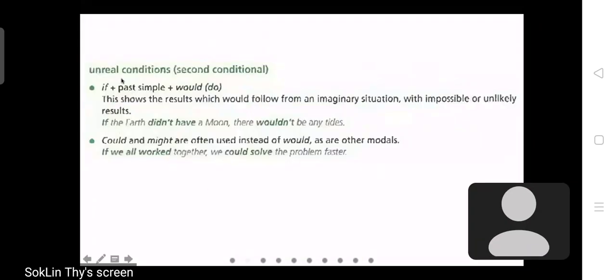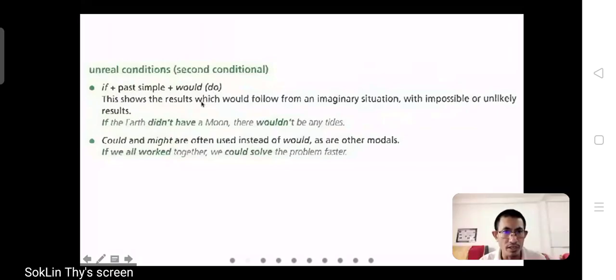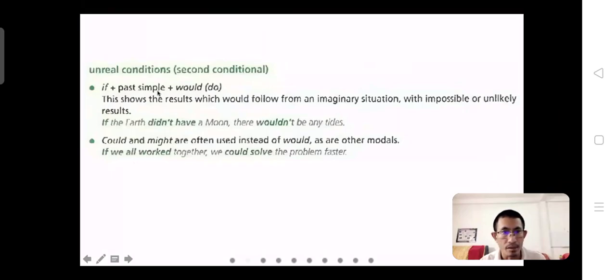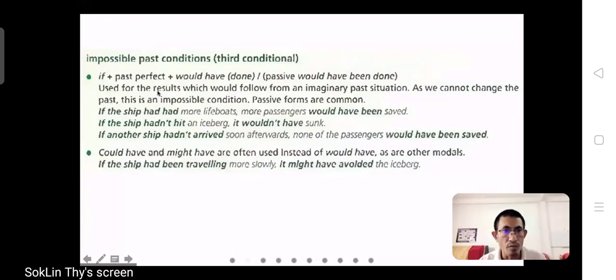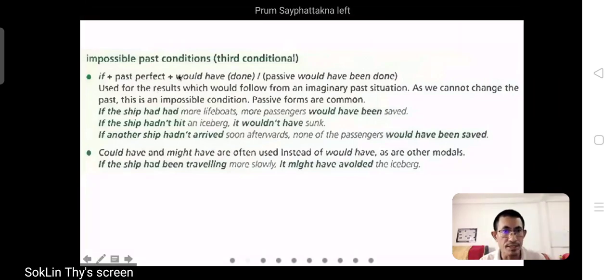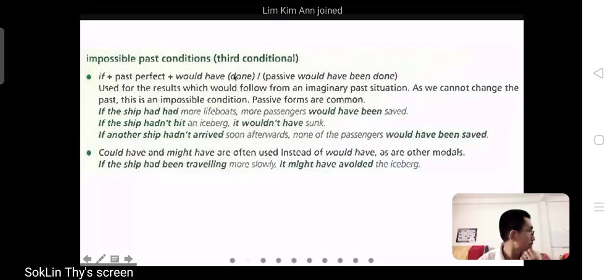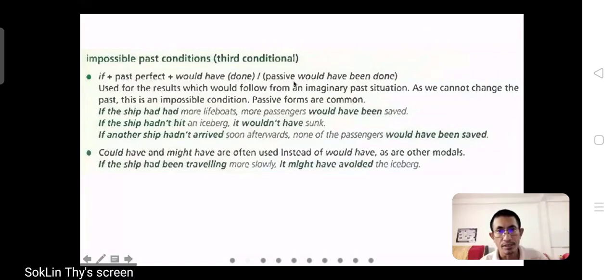Second conditional: this is the second conditional. When you use second conditional, you focus on an imaginary situation in the present time. Okay, and another one: we talk about past conditions, impossible past conditions, or we call third conditional. This is the form of third conditional: if plus perfect. In the if clause you use the past perfect, and in the main clause you use would plus perfect infinitive, for example passive, would have been done.